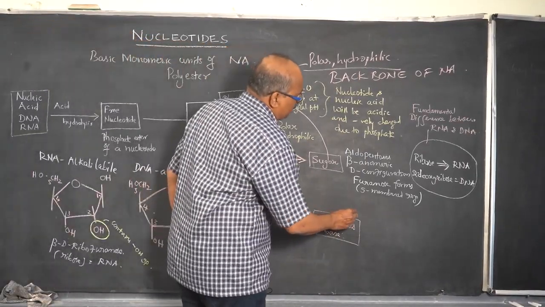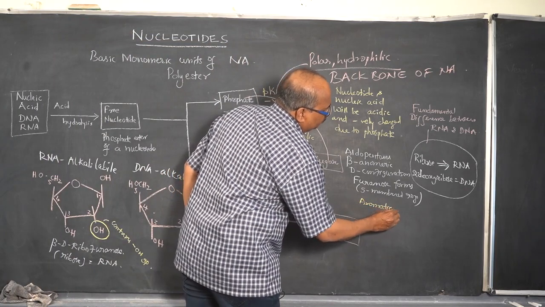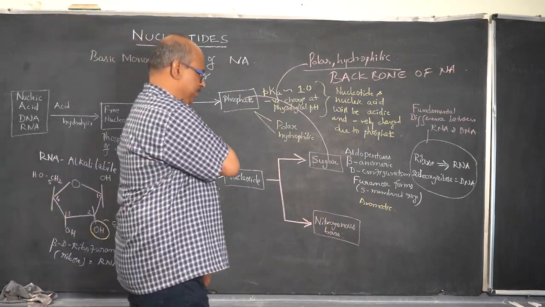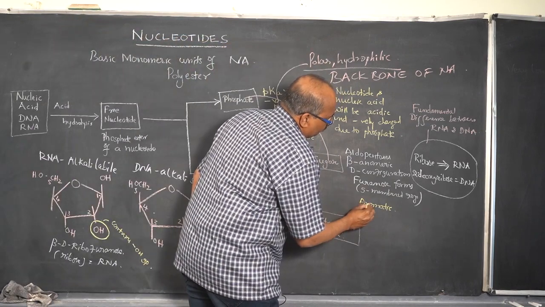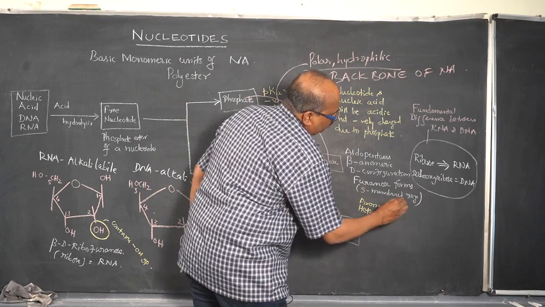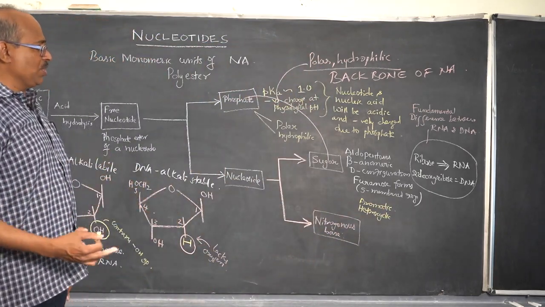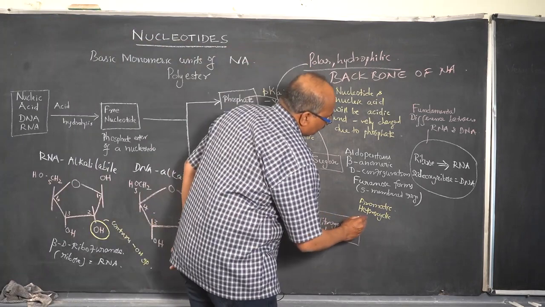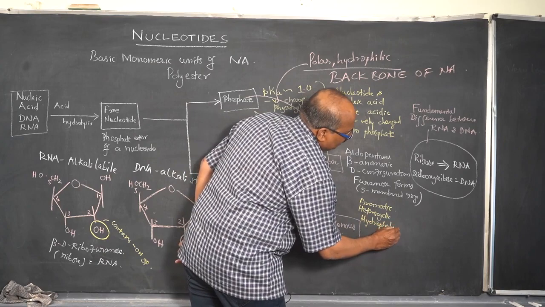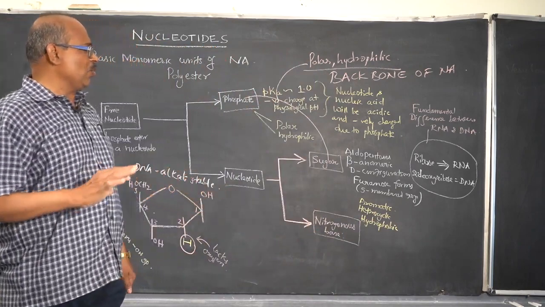The nitrogenous bases are aromatic, so that means they have delocalized pi electrons. They are heterocyclic, which means in addition to carbon in the ring structure, they also contain nitrogen atoms. They are hydrophobic, so they like to be inside a molecule rather than outside the molecule. They try to keep away from the surrounding water.